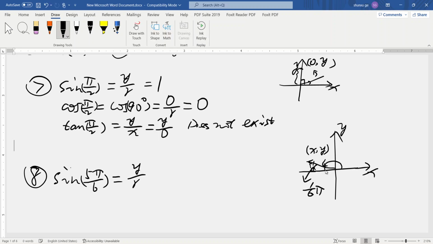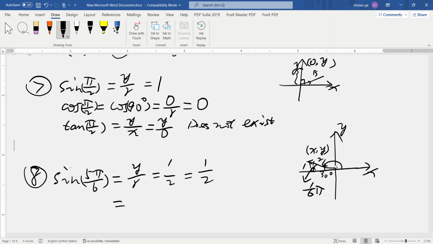So here is 30 degrees, so that means here is 1 and here is 2. The same is 1, and r the hypotenuse is 2, so it's 1 over 2.